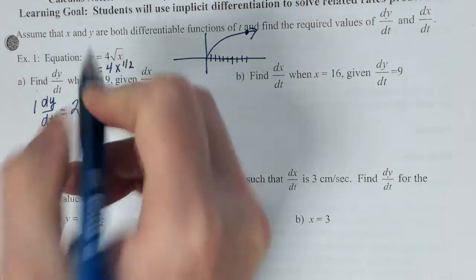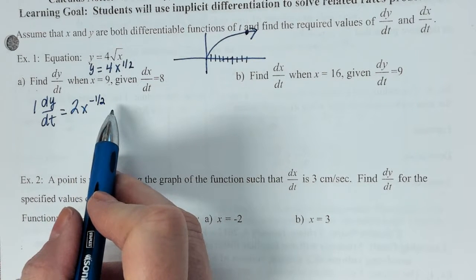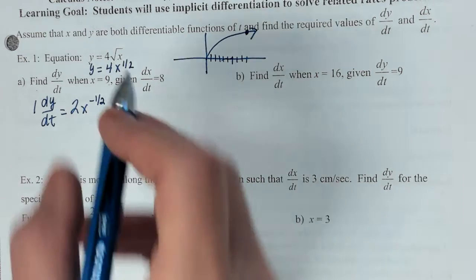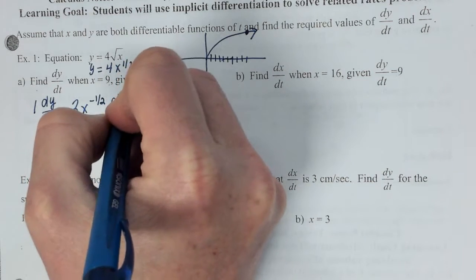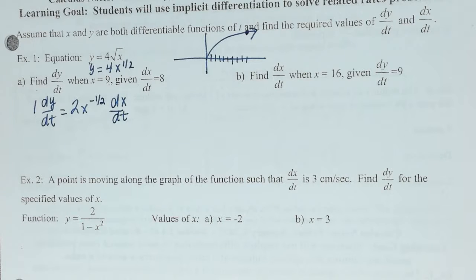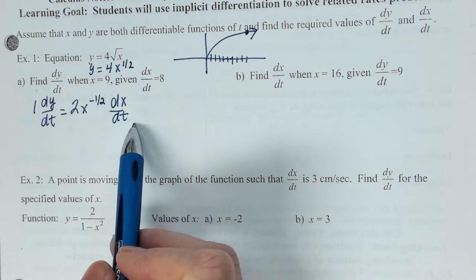Good. Now, we're not used to putting anything after the x, because normally we take the derivative with respect to x. But because we're taking the derivative with respect to t, I have to put dx/dt after it. If we were taking the derivative with respect to x, I wouldn't need to put anything after it because it would be dx/dx.